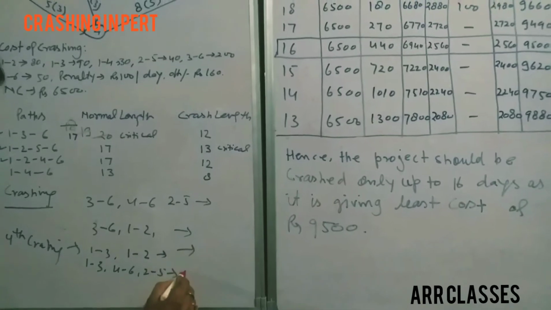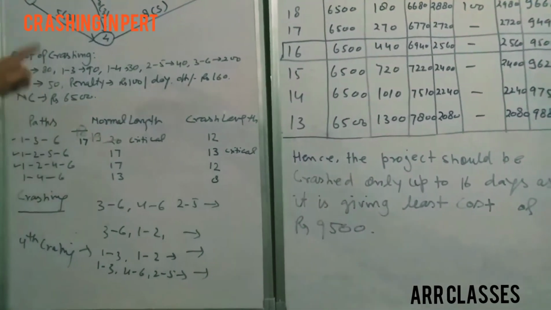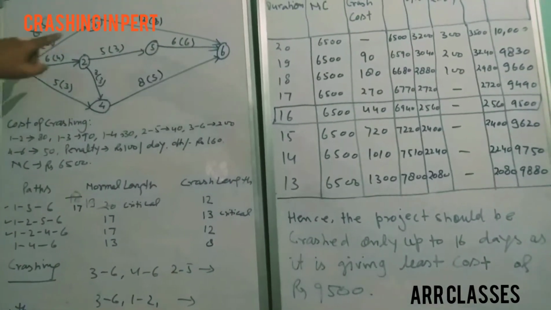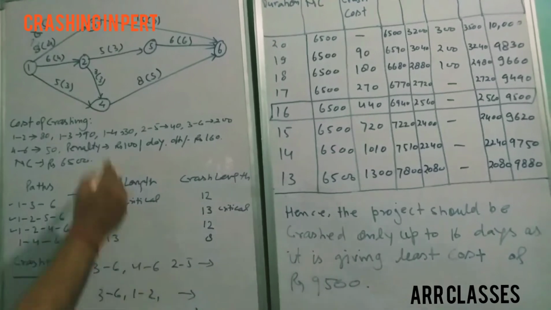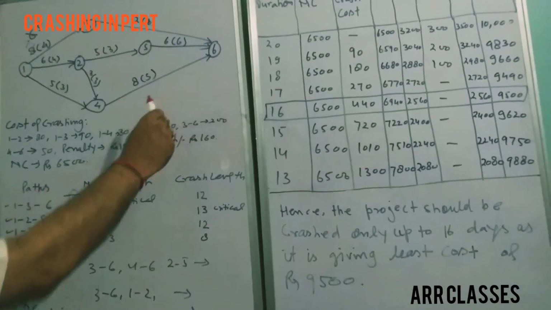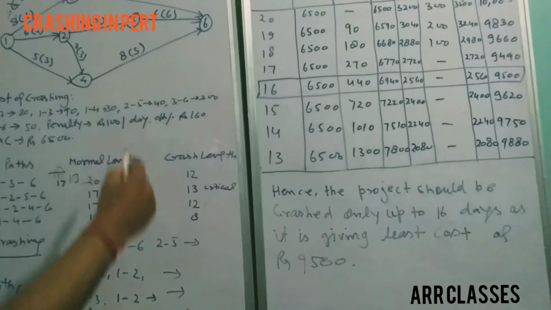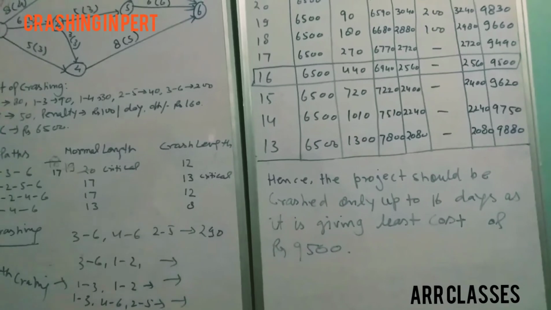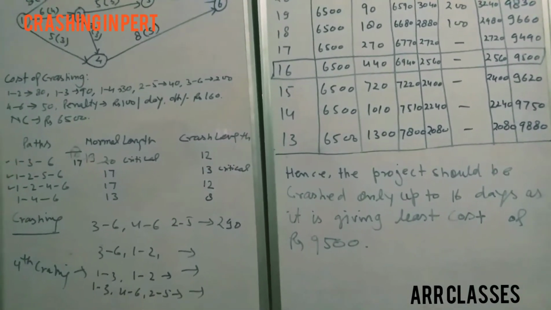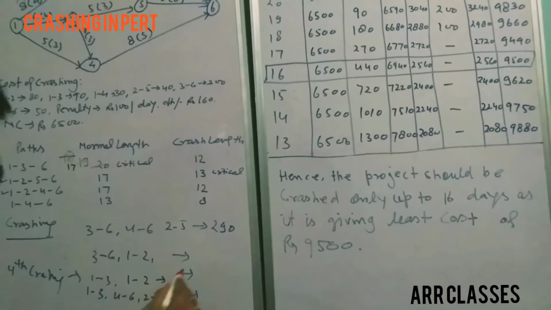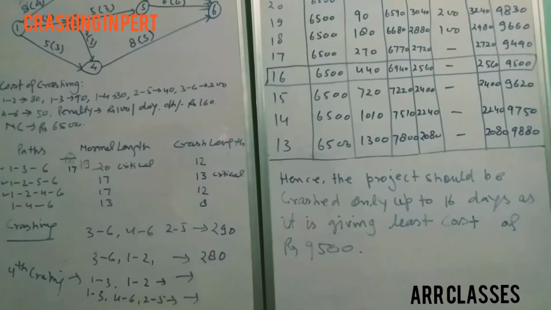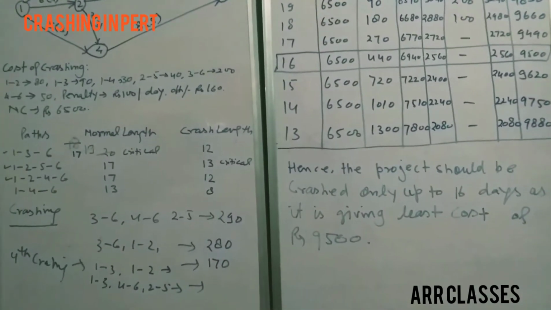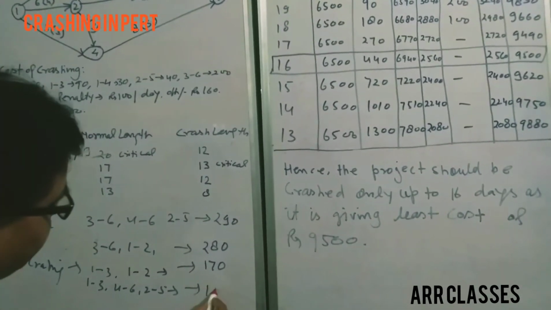These are the combinations. Now if we calculate the cost of crashing, for 3 to 6, 4 to 6 and 2 to 5, it comes out to be 290. 3 to 6 and 1 to 2, that is 280. 1 to 3 and 1 to 2, that is 170. 1 to 3 and 4 to 6, that is 180.